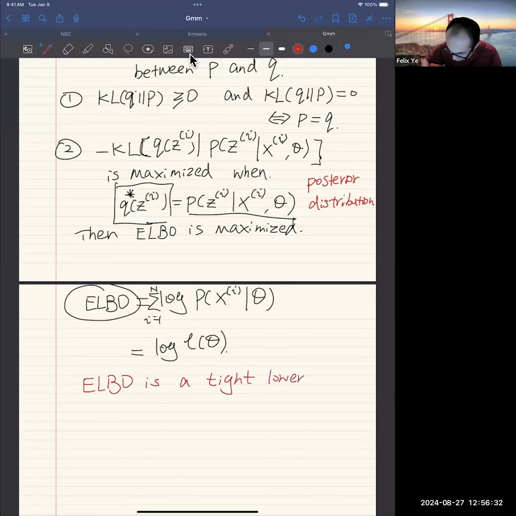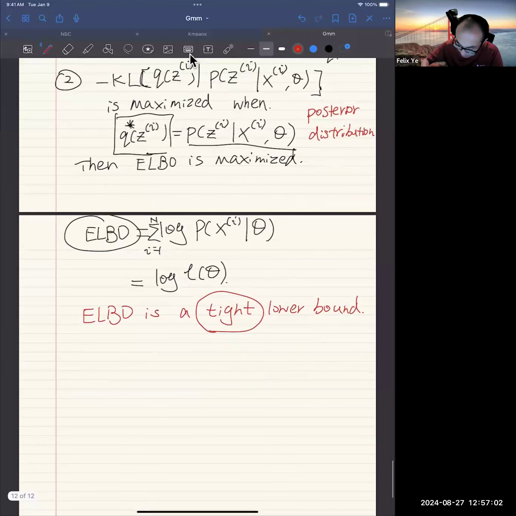What tight lower bound means is, although the evidence lower bound is less than or equal to the log likelihood, it can reach the log likelihood at certain thetas, if possible. If we try to maximize the ELBO, it will give the corresponding log likelihood.